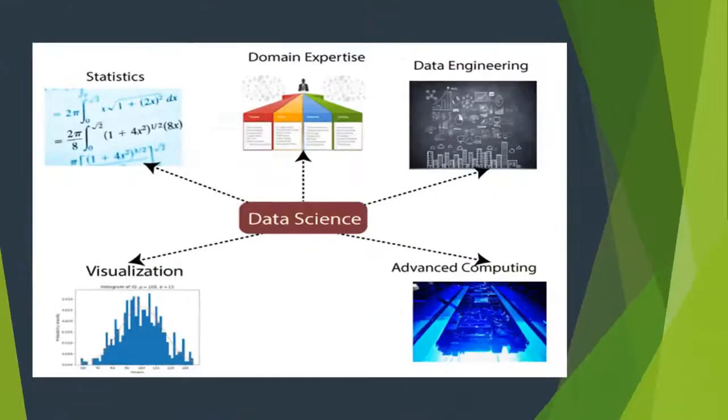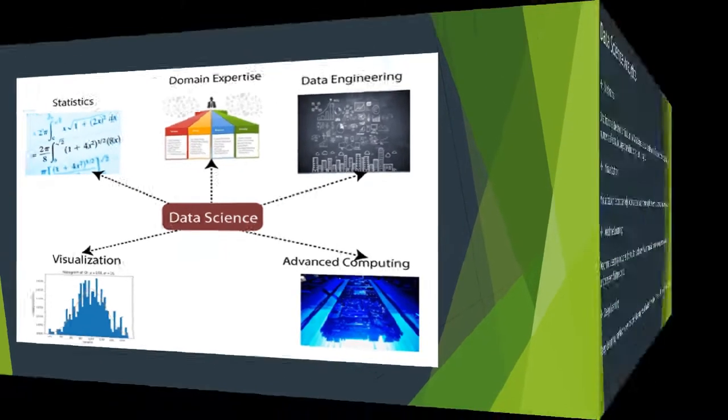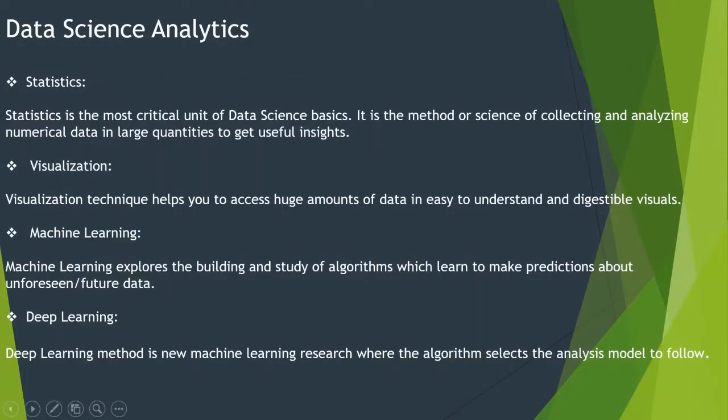And then these are data science components: domain expertise, and then data engineering, and then advanced computing, and then visualization, and then statistics, which means we are using machine learning algorithms and then math concepts. And then data science analytics, statistics. Statistics is the most critical unit of data science basics.